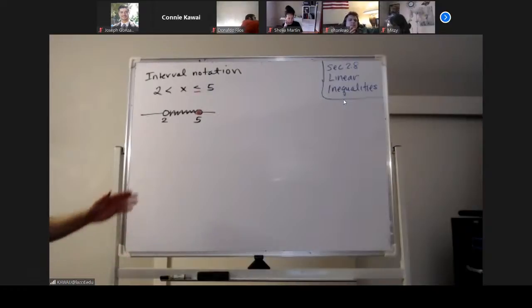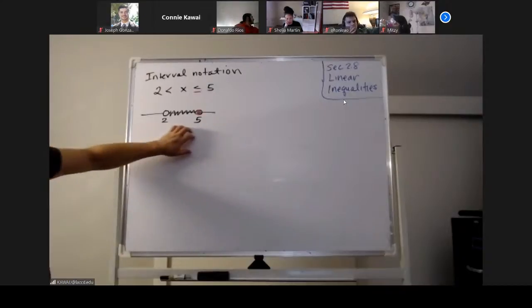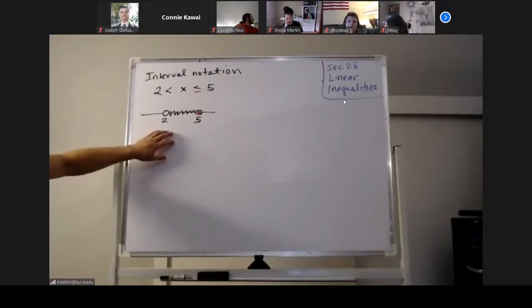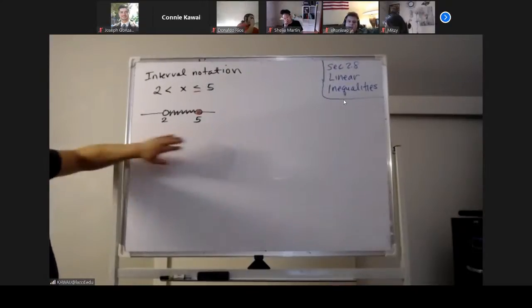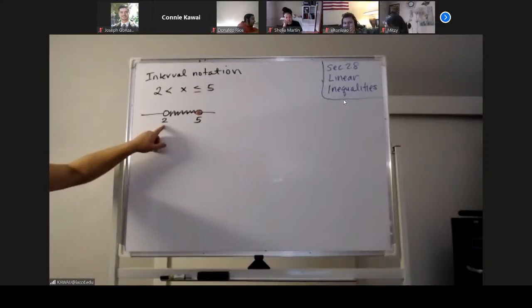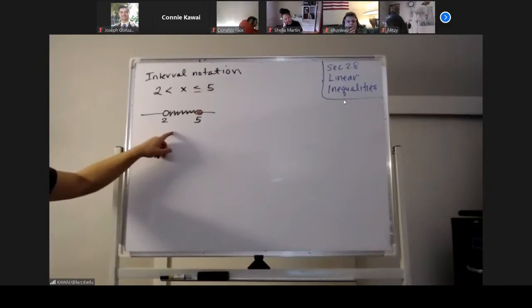Okay, so we call this an interval because there's more than one age that can come to my party, right? You go, my daughter's 3, can she come? Yes. 4, can she come? Yes. 4.5, yes. 4.9, yes. 5.1, no. 2, no. You have to be older than 2 or equal to 5 or less, in between this range.